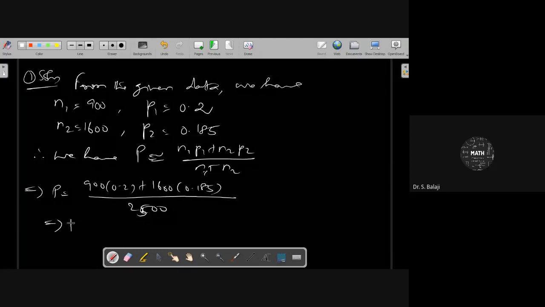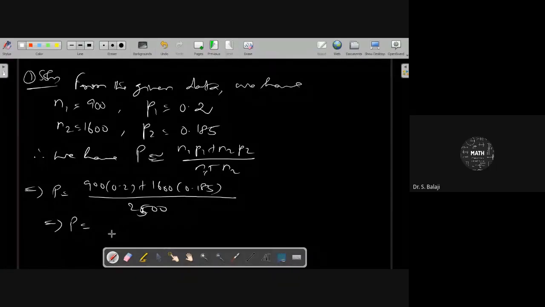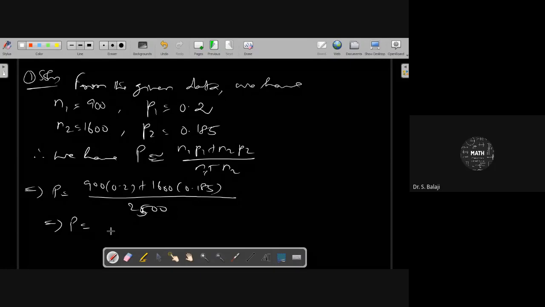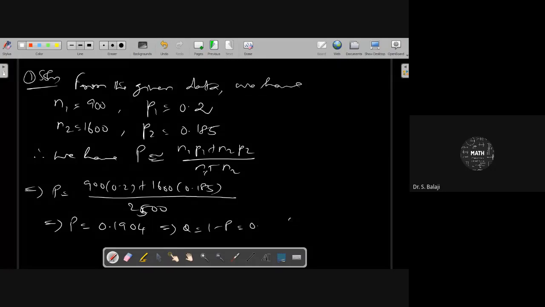What about the value for P? Anyone give the answer? 0.1904. Then capital Q is equal to 1 minus P, so Q is equal to 0.8096.